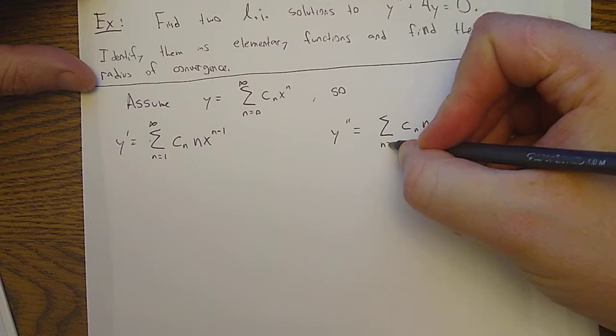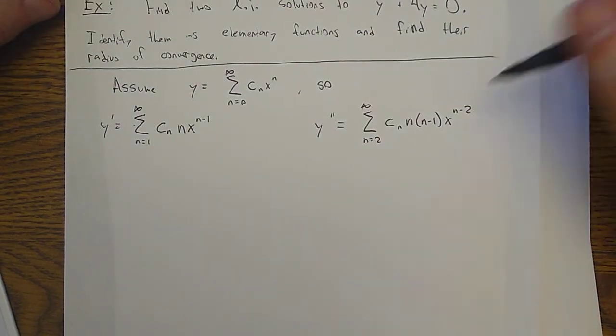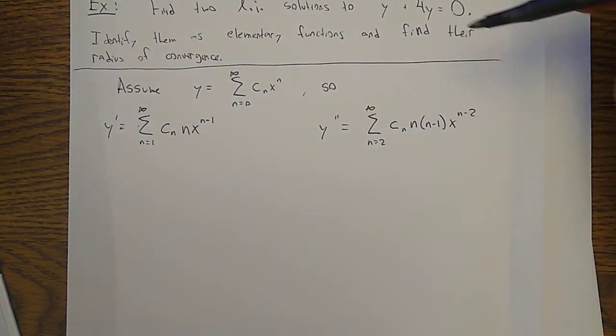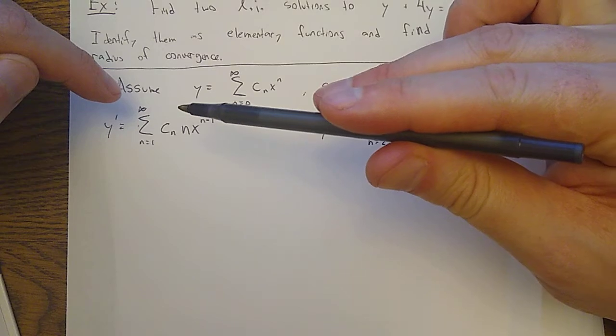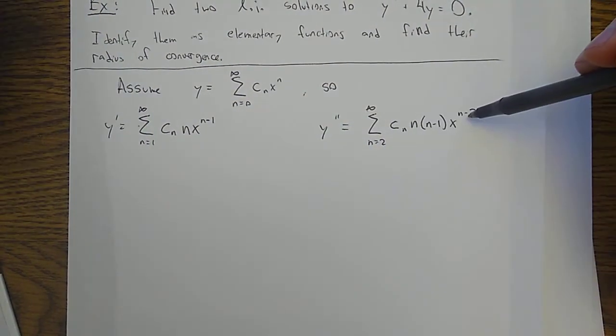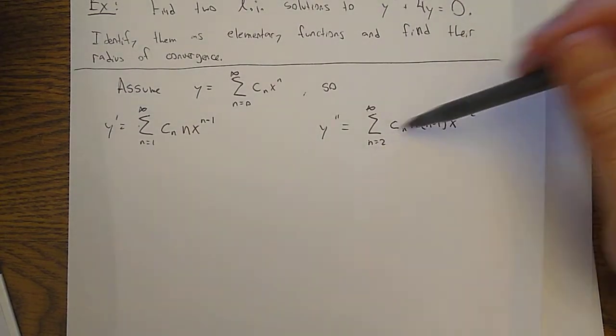But now n should start at 2. Each time you take a derivative, you basically drop the x to the 0 term. Like the x to the 0 term would be n equals 1 here, and that gets dropped here. And then here, the lowest power is again x to the 0.